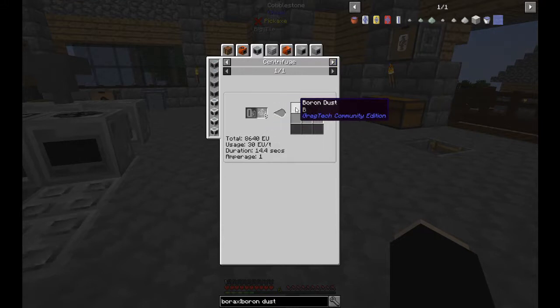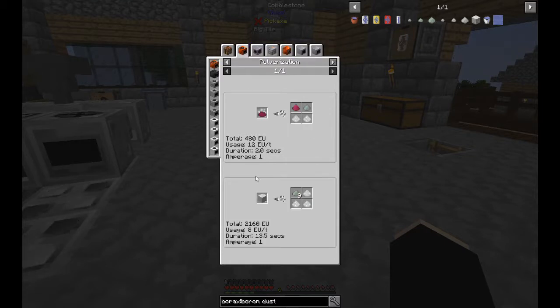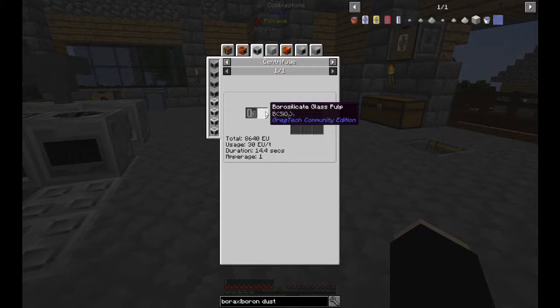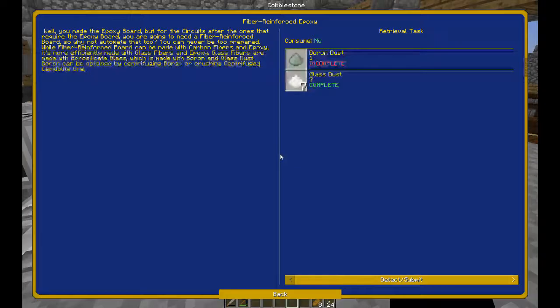Borax centrifuging... No, it's centrifuging borosilicate glass pulp, which I'm pretty sure is what we're going to be making next, right?